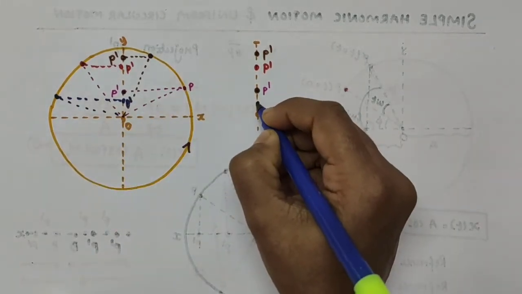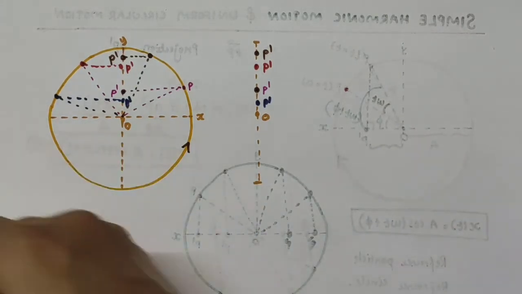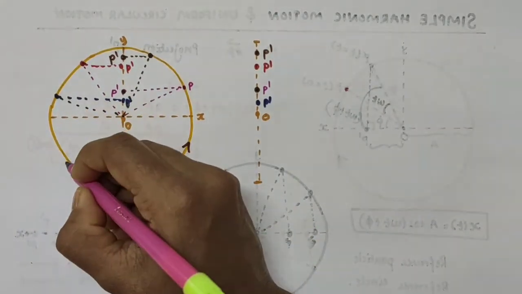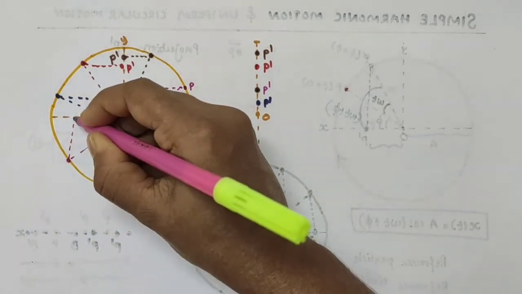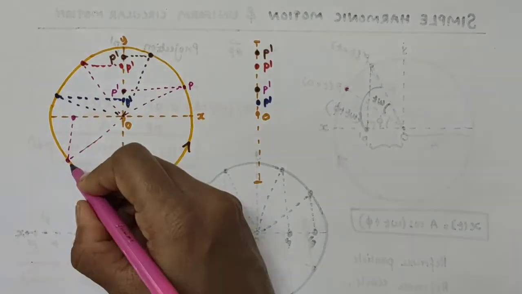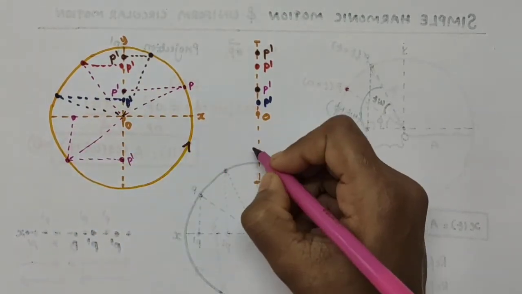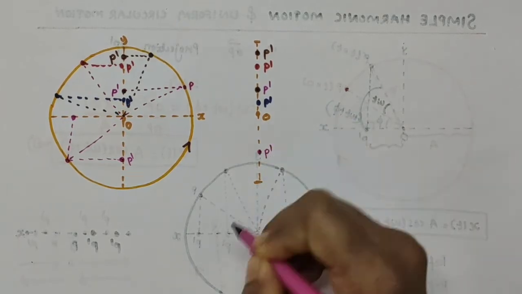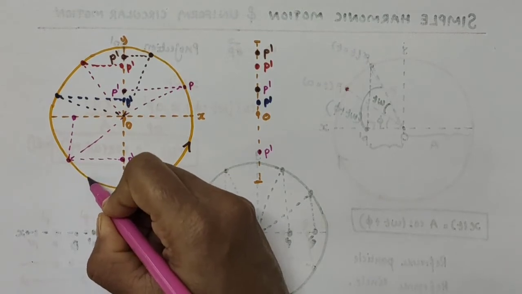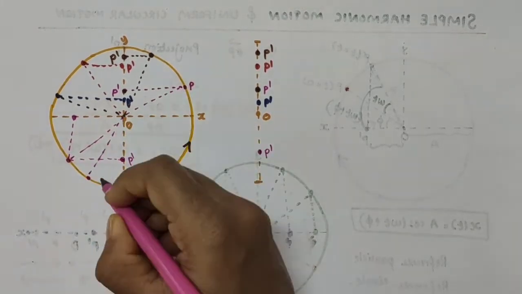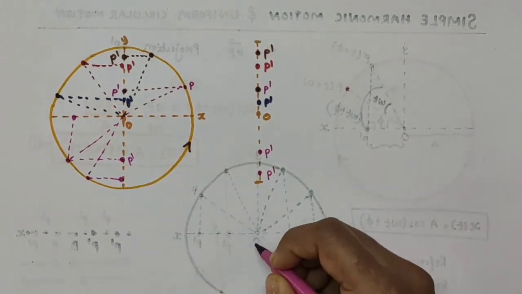Then again after some time the particle reaches here. This would be the projection. We are talking about the projection on the y-axis now. Then when the particle reaches here, the projection on the y-axis P dash is here.